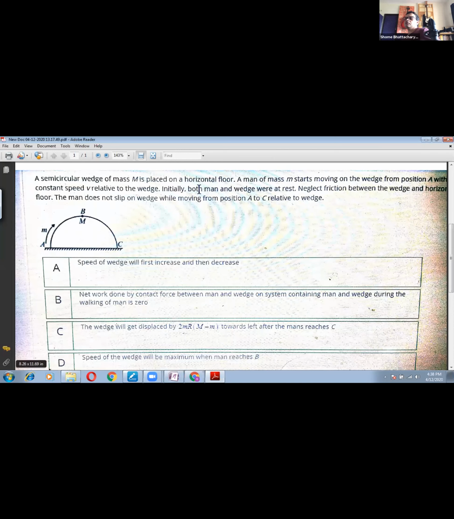What was the problem in that equation? I'm coming back to that. The problem in that equation is that the way I wrote it, the person small m also had a positive x component of momentum, and the wedge also had a positive x component of momentum. So how can that be 0? Okay, so that is the problem that we are coming across.